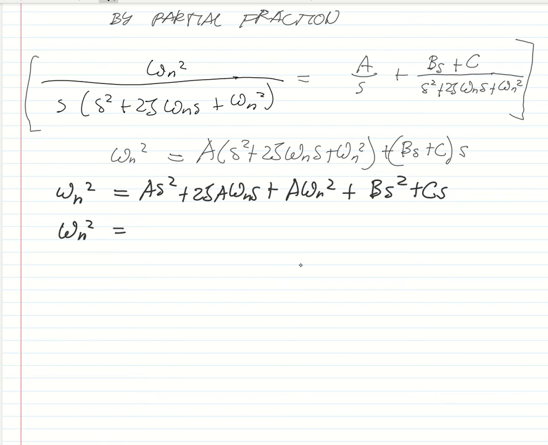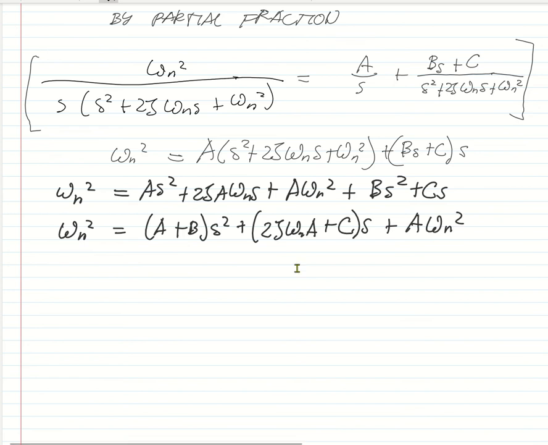For s squared, we have A and B, so A plus B. For the s, we have 2 zeta omega n A plus C. And the constant will be A omega n squared.